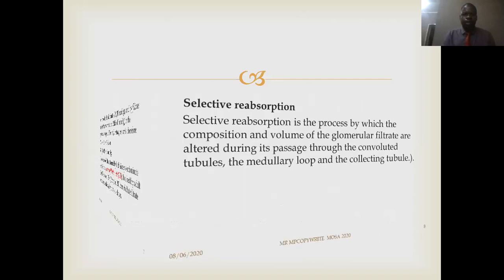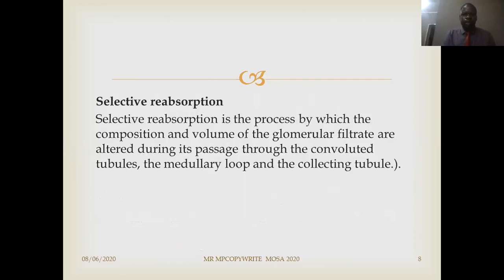Let us look at selective reabsorption. Selective reabsorption is the process by which the composition and volume of the glomerular filtrate are altered during its passage through the convoluted tubules, the medullary loop, and the collecting tubule.